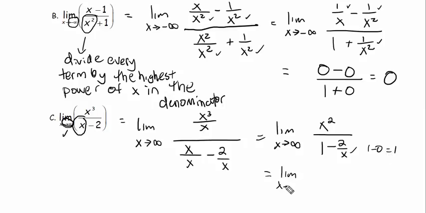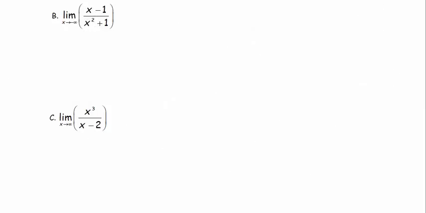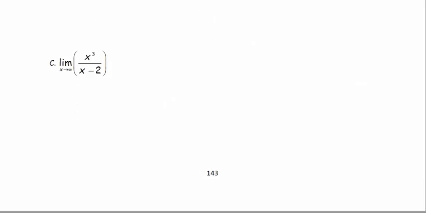So the limit as x goes to infinity of just x squared over 1, and that's just x squared, which ends up being infinity, because infinity squared is even a bigger infinity. Hopefully that technique made some sense, because now we're going to do one more. So let me move to part D here.